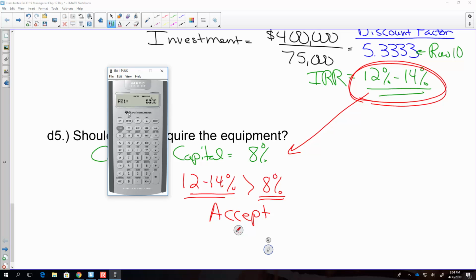That's all we have to do to compute internal rate of return. Go to IRR and hit compute. So the calculator answer for internal rate of return was 13.43%?